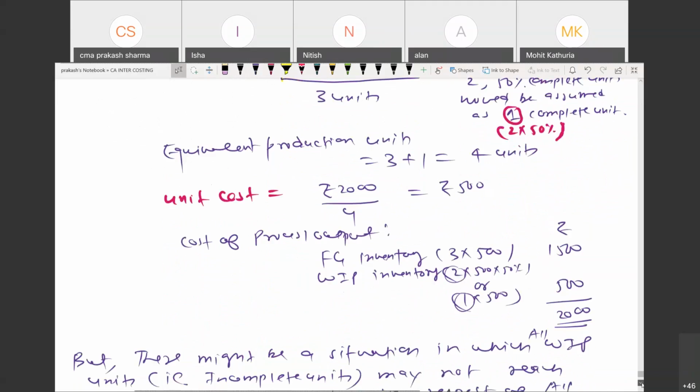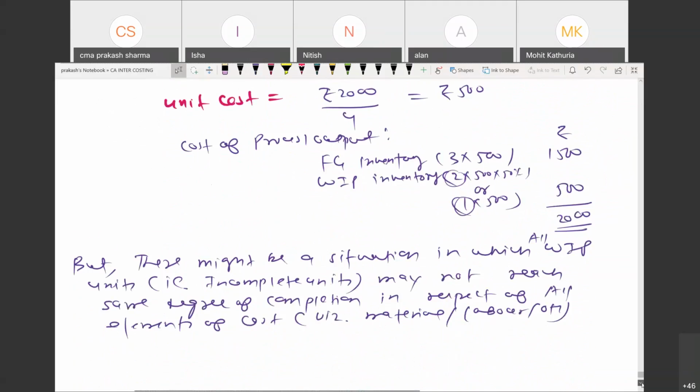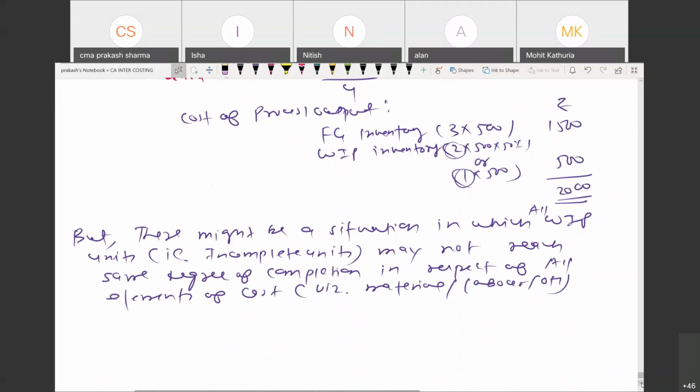It might be possible that the degree of completion for material is 100%. That is, your WIP consists of 100% of material, 60% of labor, and 40% of overheads. Or it might be possible that your WIP consists of 0% of material, but 50% of labor and 50% of overheads.